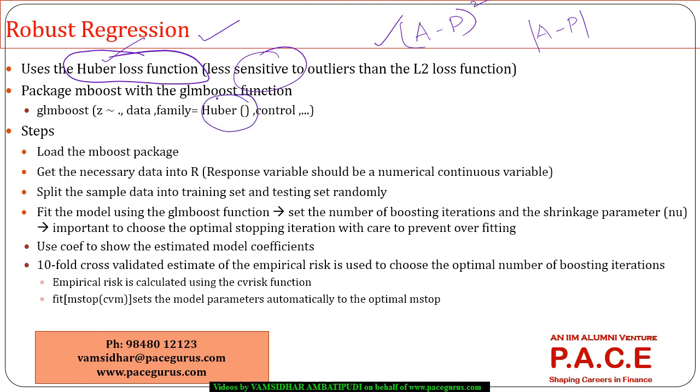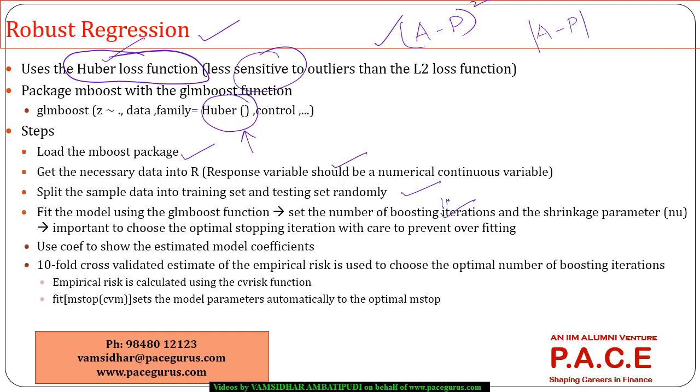And even here we are using the method Huber as part of the family, and the rest all remains the same. If you quickly look at it, we have loaded the package, got the data, training and testing data. We have fitted the model using GLM boost.